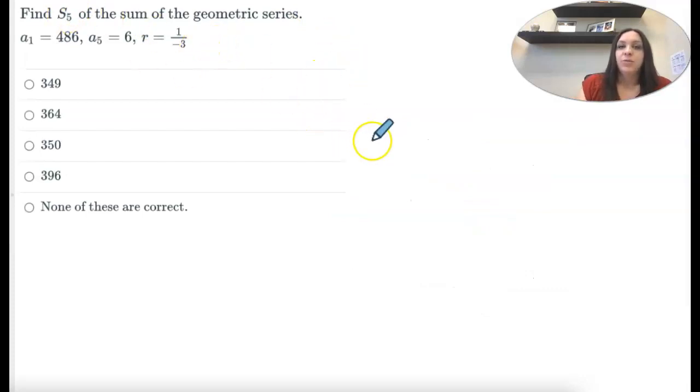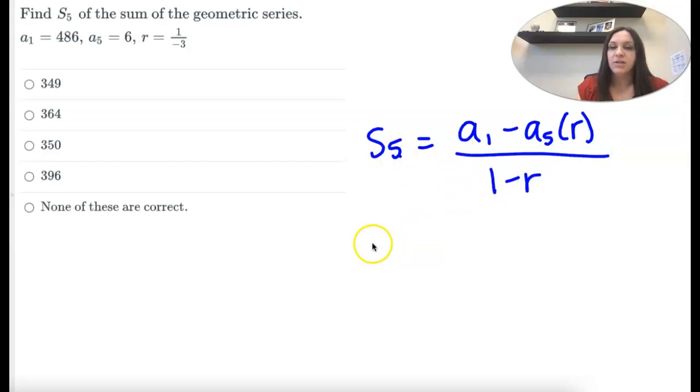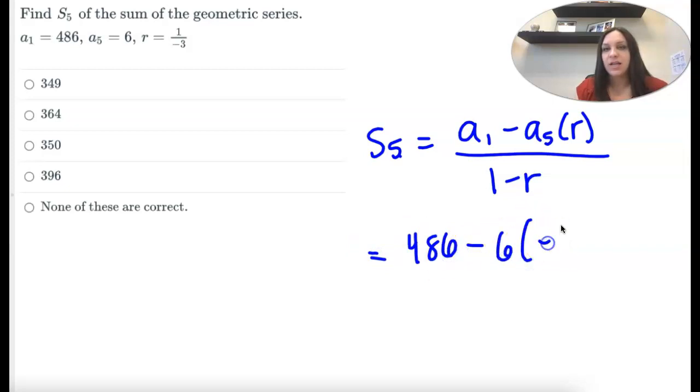Alright, so this time we want the sum of 5 terms. So we're going to take the first term minus the 5th term, because n is 5, times r, divided by 1 minus r. So first term, 486, 5th term is 6, and r is negative 1/3 this time, so 1 minus negative 1/3.